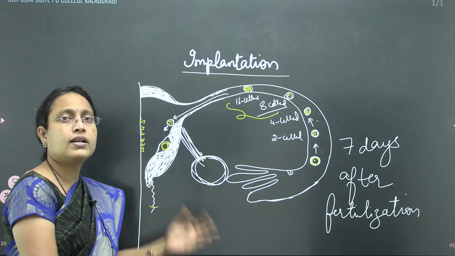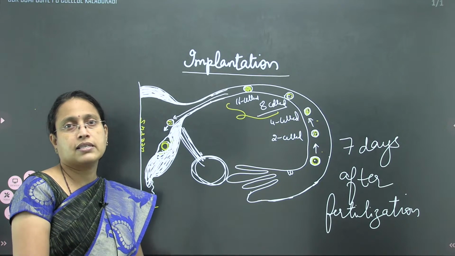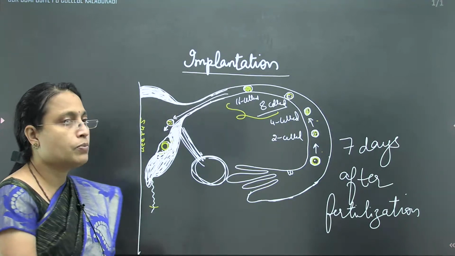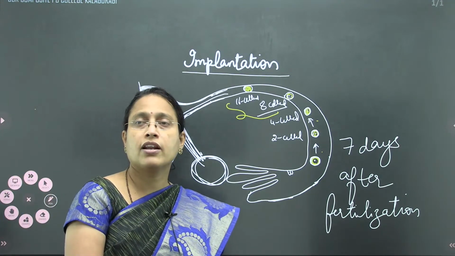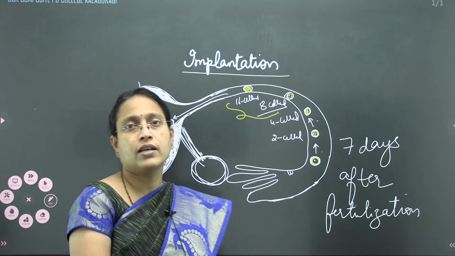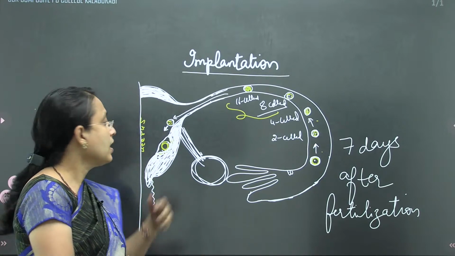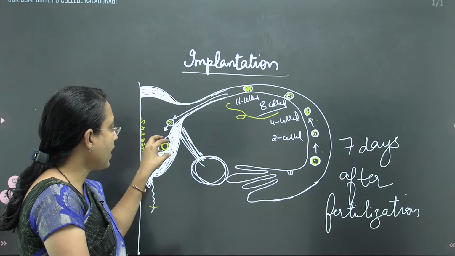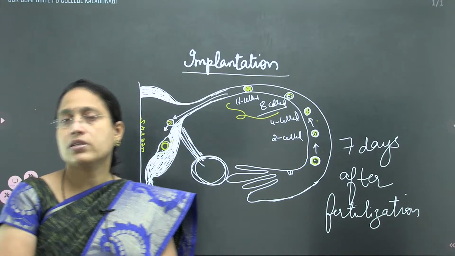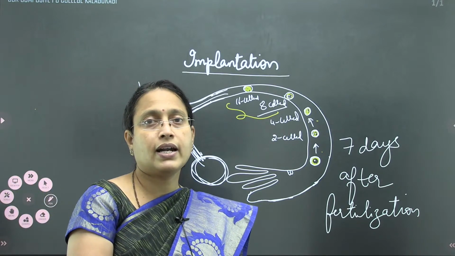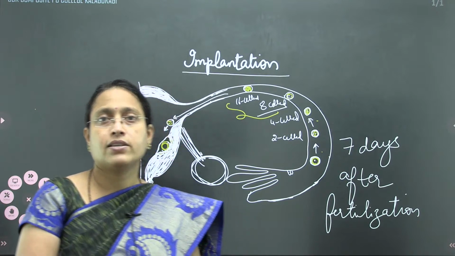When you call it decidua is when decidual reaction occurs. Then the region becomes thicker, more vascularized, more nutrient rich. So implantation completes, and this process takes 7 days after fertilization.